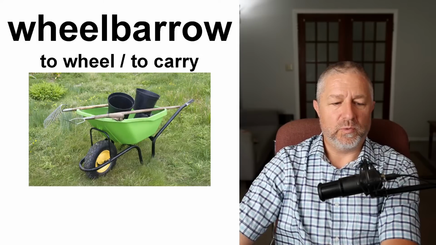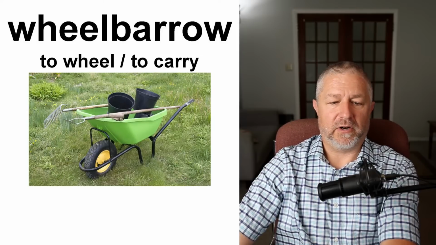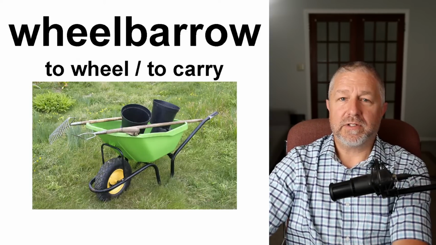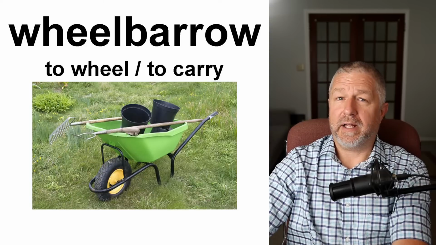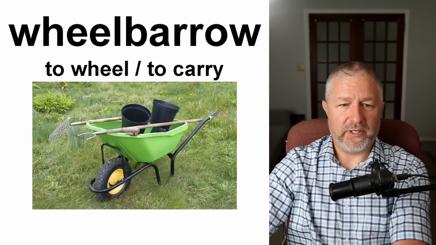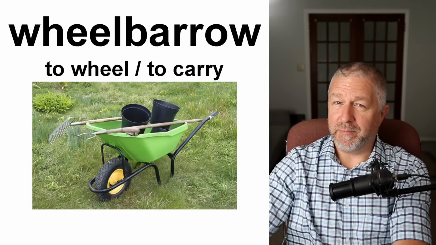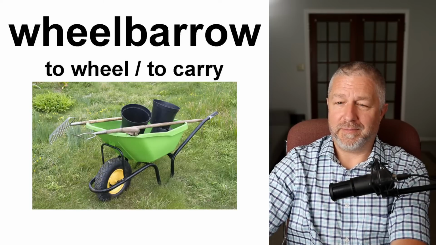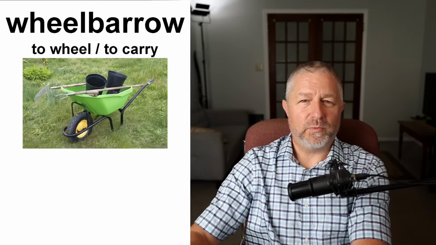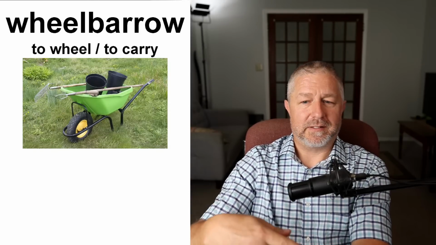And you can use it to wheel things to different places on your property. You can use it to carry things. Let's say you had a lot of branches that fell off a tree. You could chop up the branches with your chainsaw and put them in your wheelbarrow, and then you could wheel them to a different place, and then you could dump them.